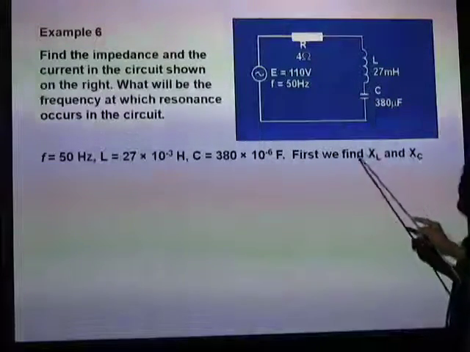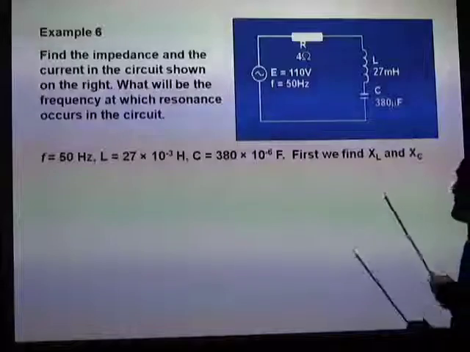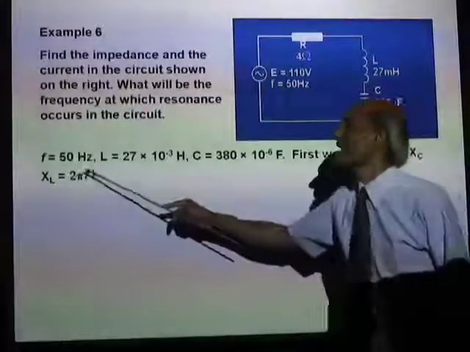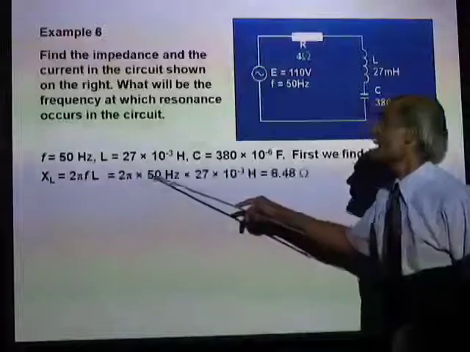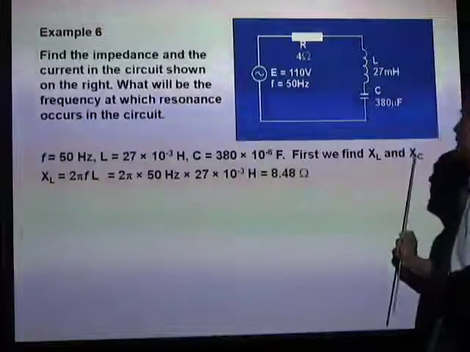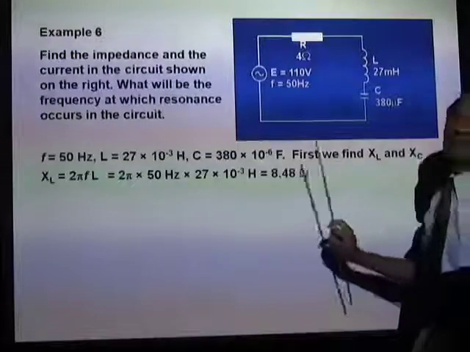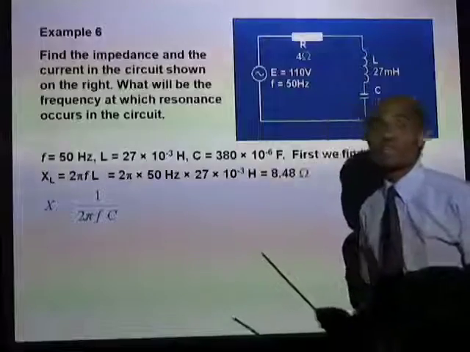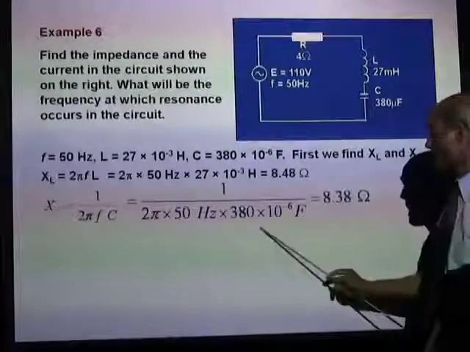Well, we have the frequency, inductance, and capacitance. First we find XL and XC. Simply use the formula. XL is 2 pi FL, and that will be 8.48 ohm. And how about XC? XC is 1 over 2 pi FC. Use all the given values.